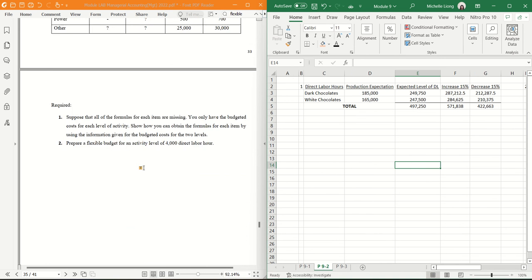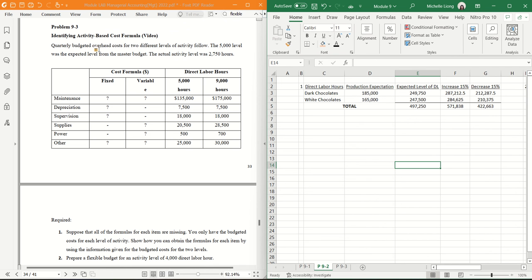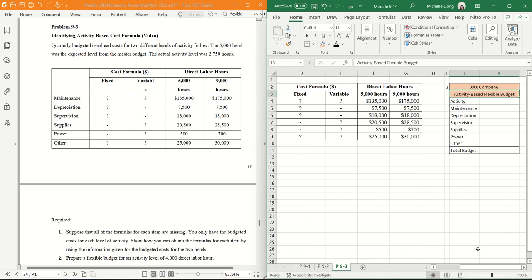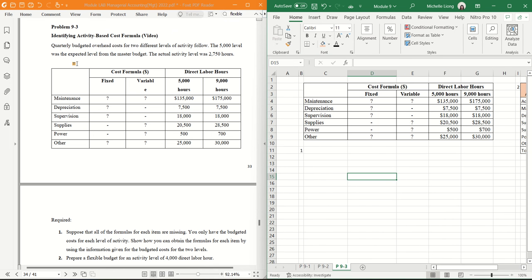Continue to problem number 3, the last one, which is to identify the activity-based formula. For this one, we have quarterly budgeted overhead costs for 2 different levels of activity, and the 5,000 level was the expected level from the master budget. So 5,000 was expected. The actual activity was 2,750.